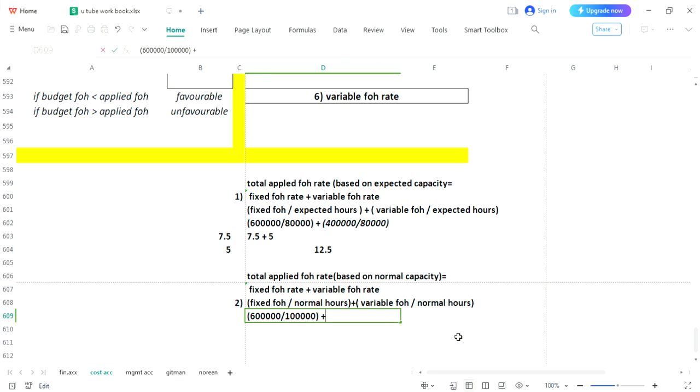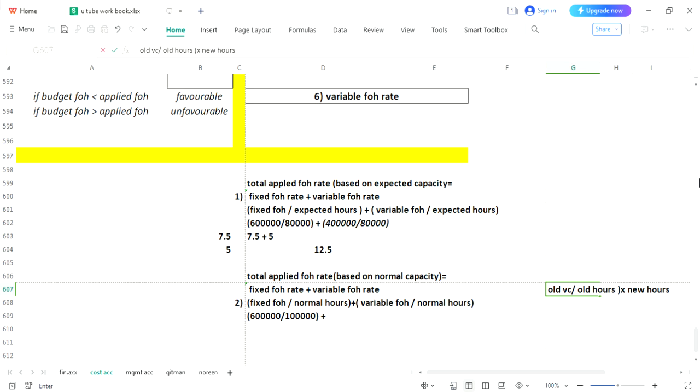As you know, we have changed the hours. Instead of 80,000 hours, we now have 1 lakh hours. For this, we will change our variable FH. Here you can see we were using a formula for variable cost: old VC divided by old hours, and then multiplied with new hours.